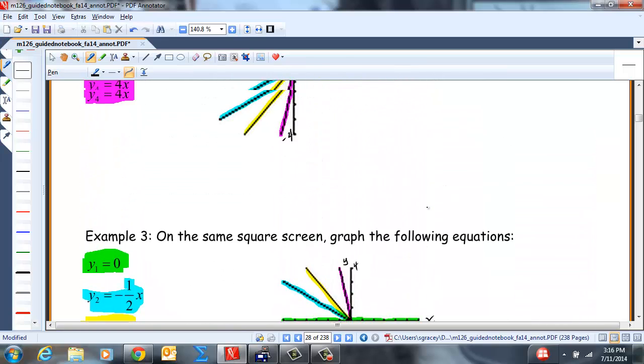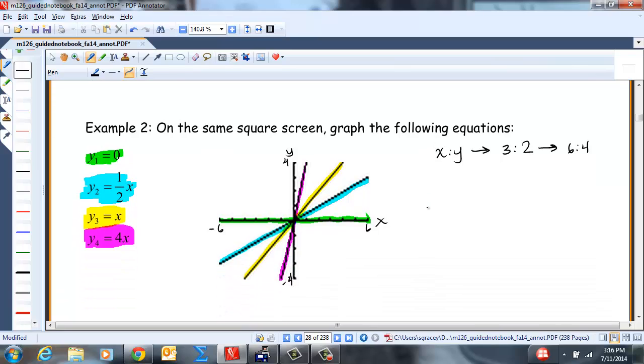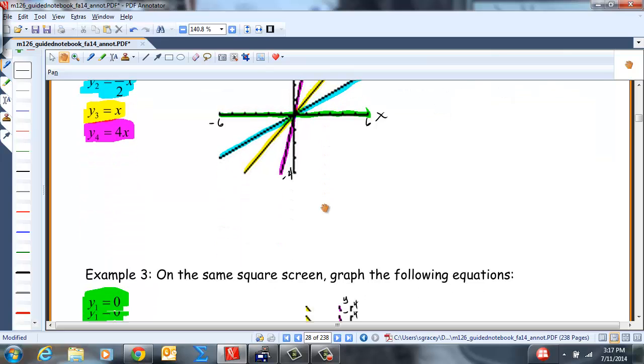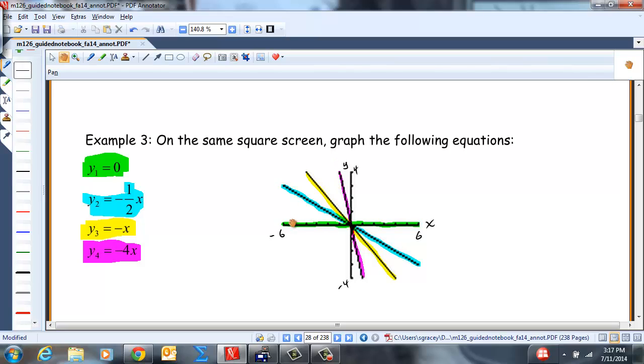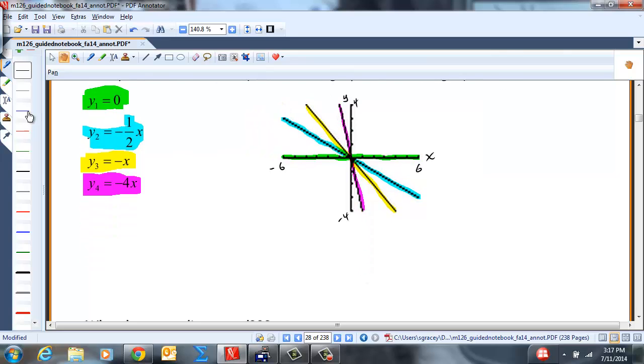So when the slope of a line is positive, do you see as we move from left to right, and if you trace the lines, the line moves upward. And with the negative slopes, as we move from left to right again, and we trace one of the graphs, it moves downward. So let's write that in our notes.